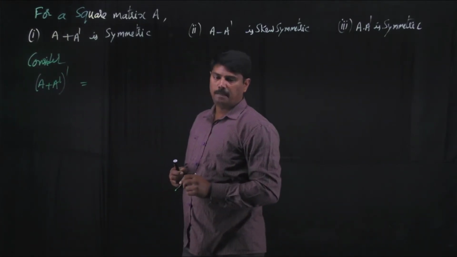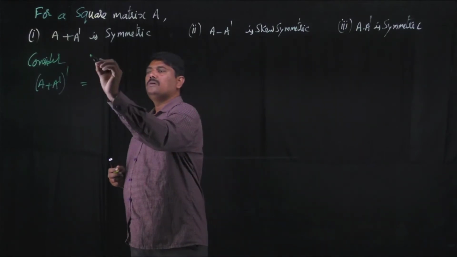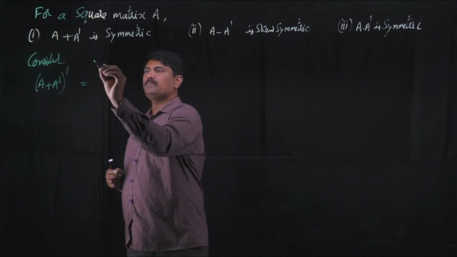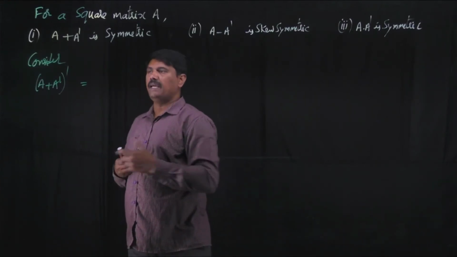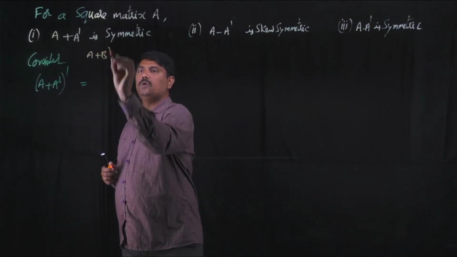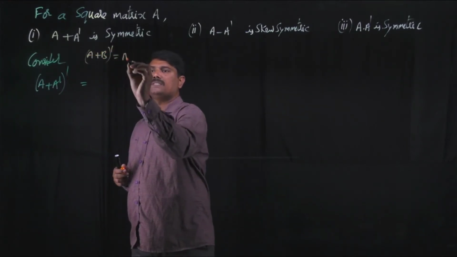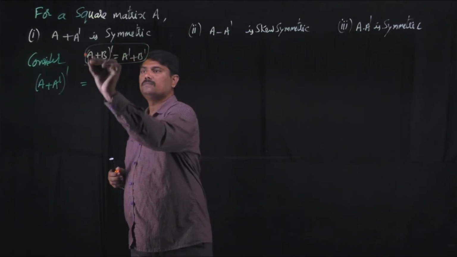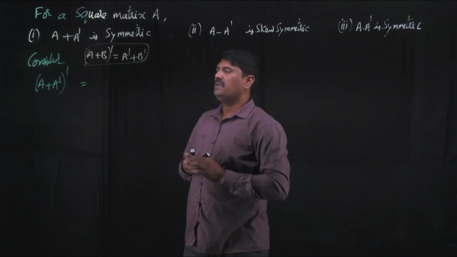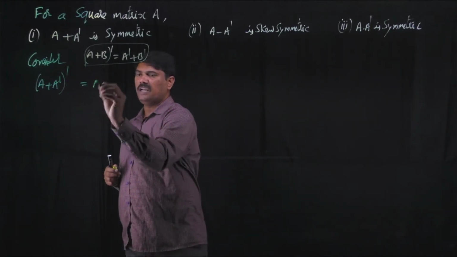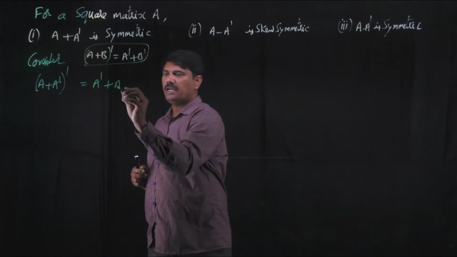As per the properties, A plus B whole dash is A dash plus B dash. So using that property, A plus A dash whole dash is A dash plus A dash whole dash.